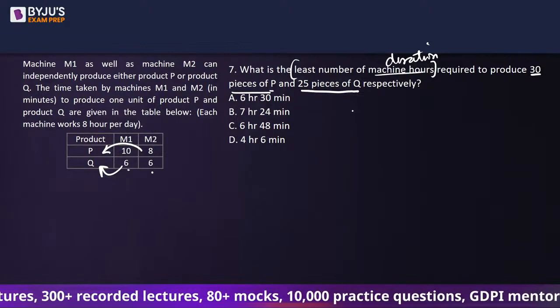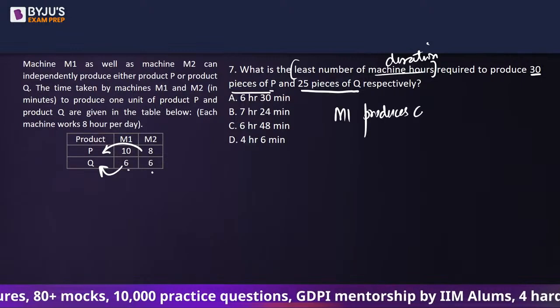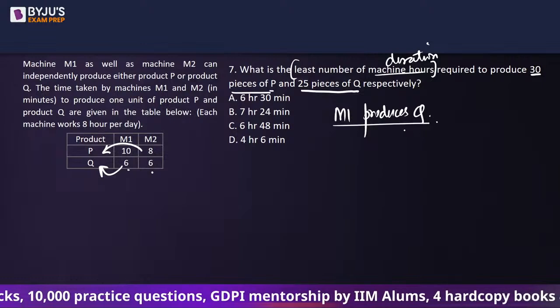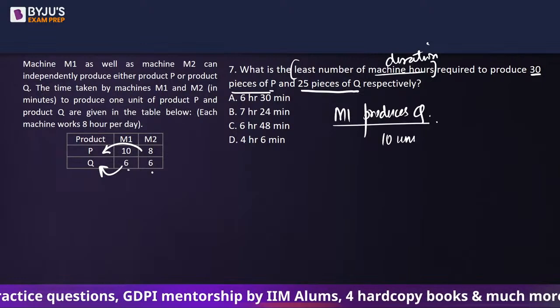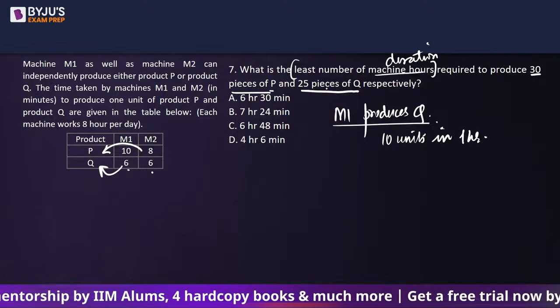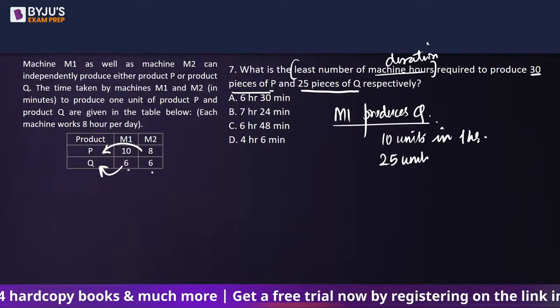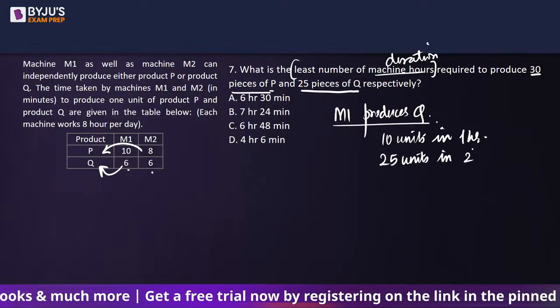So M1 produces Q. Now M1 produces 10 units in 1 hour. Since it has to produce 25 pieces of Q, it will produce 25 units in 2.5 hours.